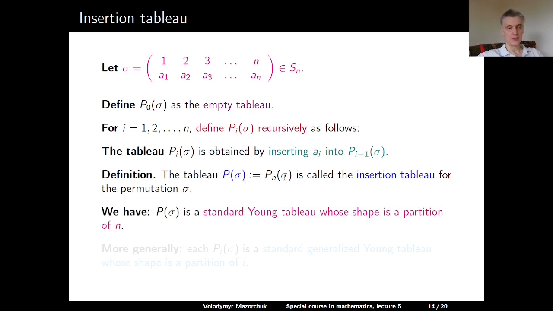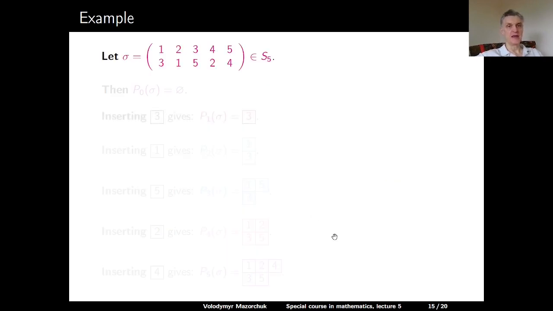And from our algorithm, we see that P of sigma is a standard Young tableau whose shape is a partition of n. And more generally, each Pi of sigma is a standard generalized Young tableau whose shape is a partition of i. Here is an example. Let's take the permutation 3, 1, 5, 2, 4. That's an element of S5.